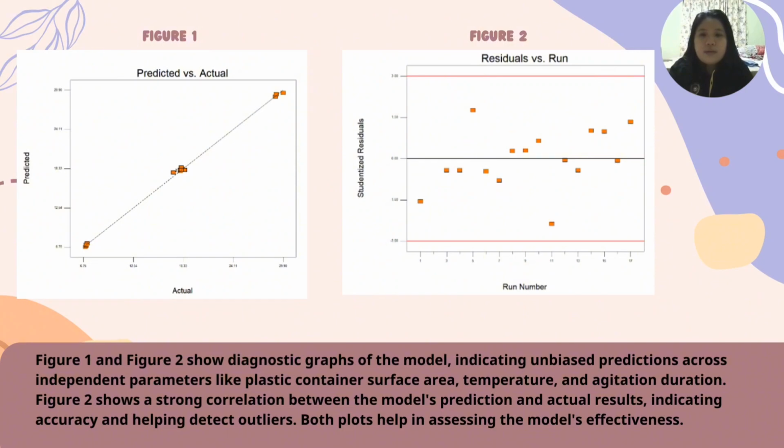Figure 1 and Figure 2 show diagnostic graphs of the model, indicating model predictions across independent parameters like plastic container surface area, temperatures, and agitation durations. Figure 2 shows a strong correlation between the model's predictions and actual results, indicating accuracy and helping detect outliers. Both plots help in assessing the model's effectiveness.